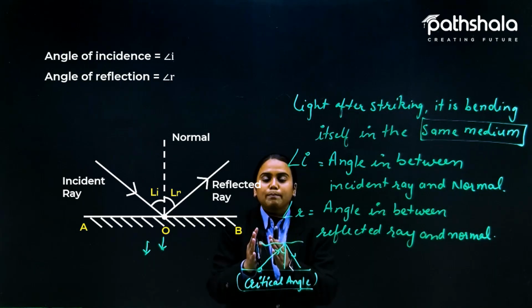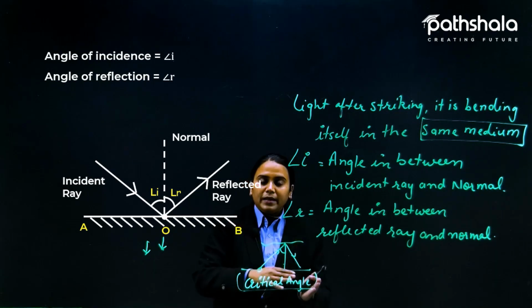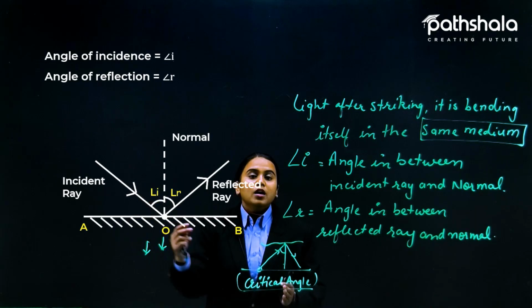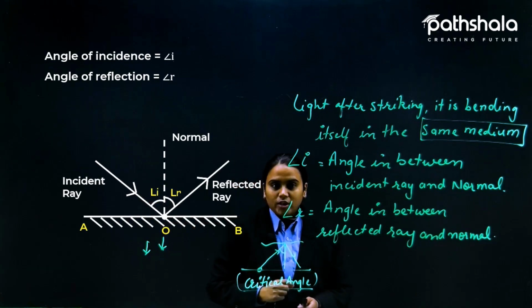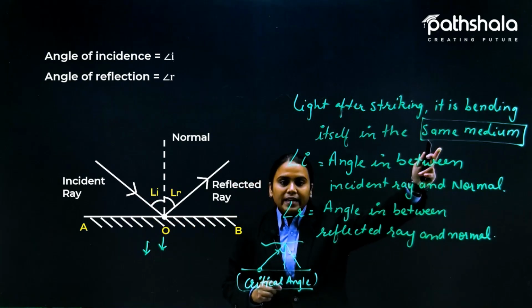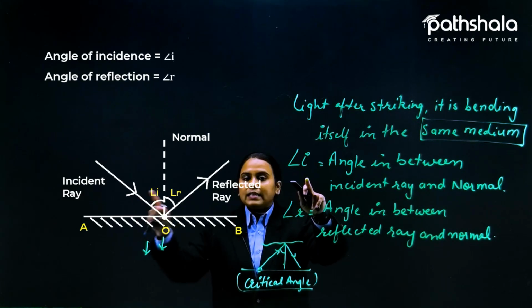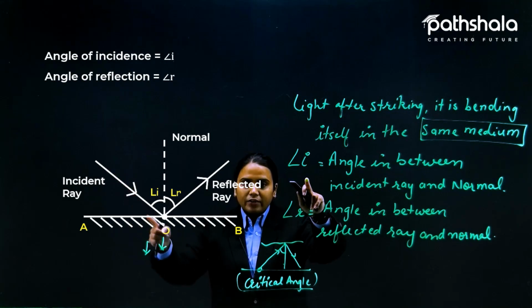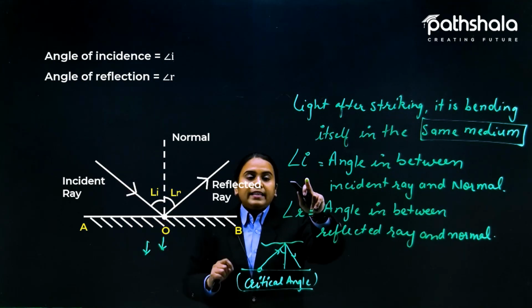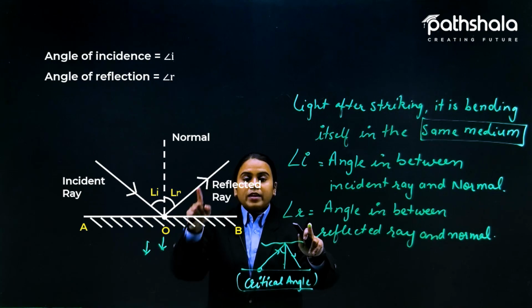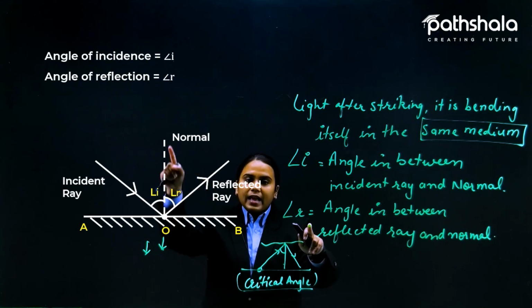It is not passing into the other medium, it is not crossing over. That is why it is known as reflection, and it stays in the same medium. The angle of incidence is the angle between the incident ray and the normal, and the angle of reflection is the angle between the reflected ray and the normal.